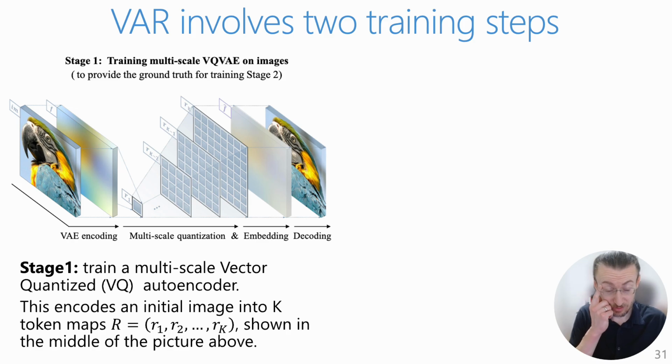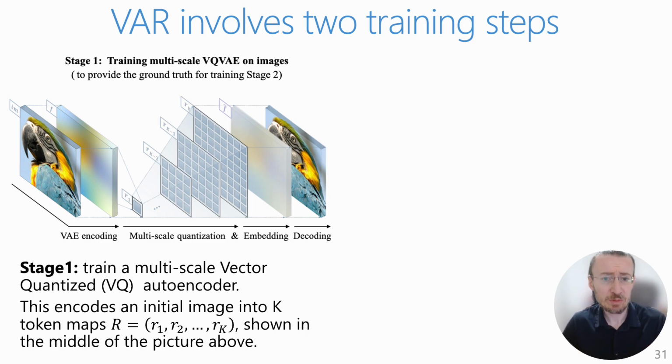There are two training steps in VARs. In the first step, we have to train a multi-scale vector quantized autoencoder. The autoencoder model starts with an initial image that is transformed to a latent, and then we reconstruct the initial image from the latent.